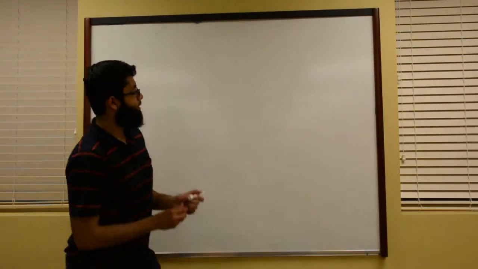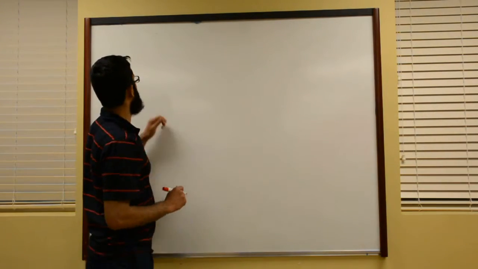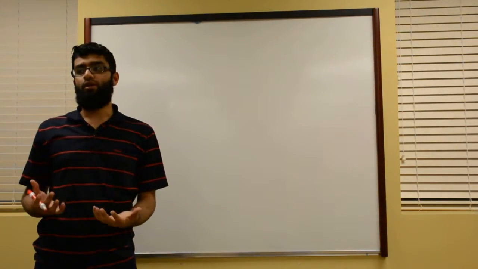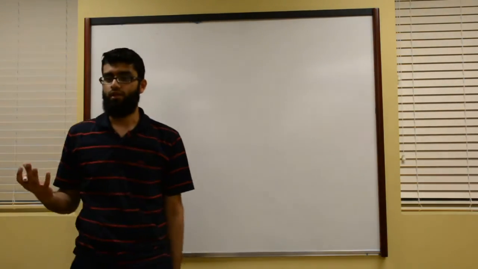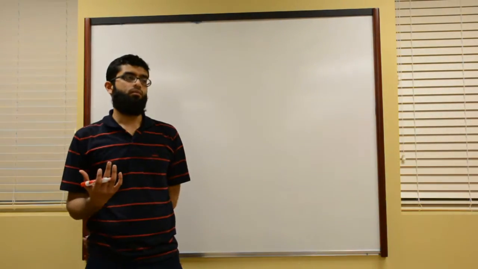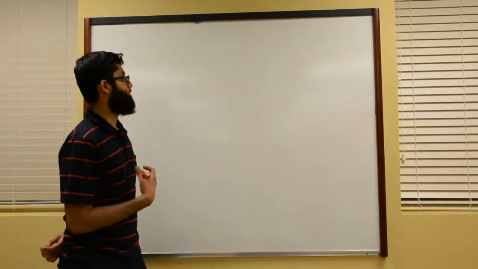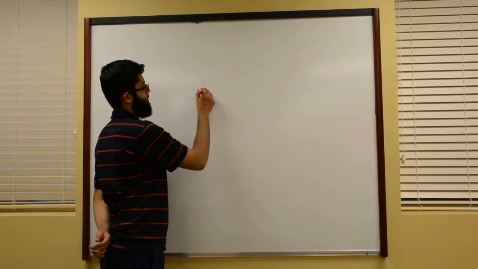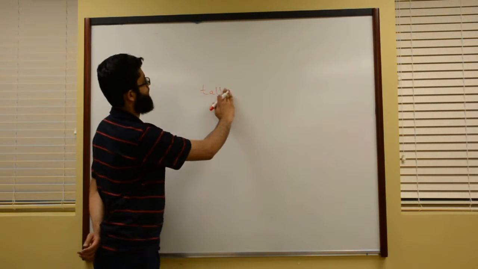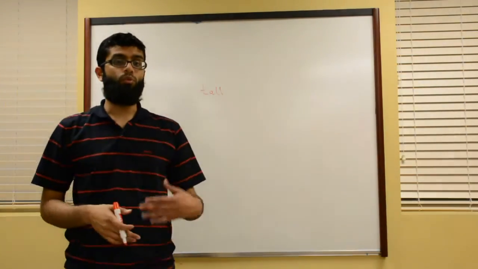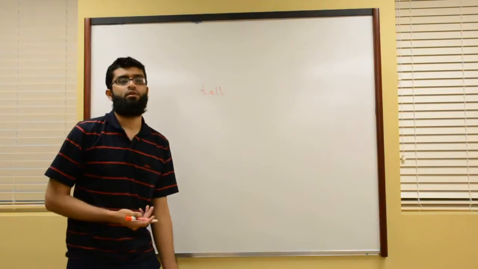He's asking. In English, when I want to compare something, like if I say something is tall, and I want to compare it to something that's more tall, how do I say it?